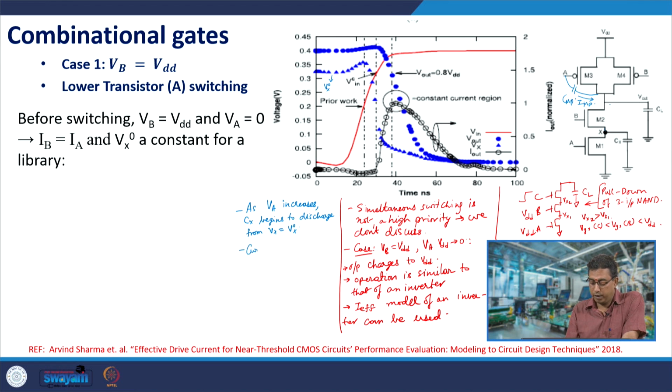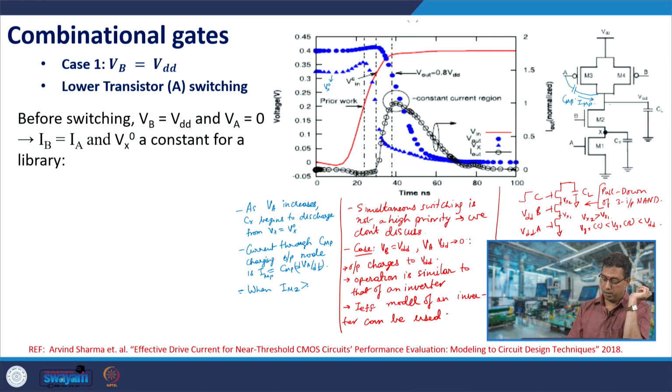The current through CMP charging the output node is IMP equal to CMP dVA by dt. When IM2 is greater than or equal to IMP, the output node discharges.